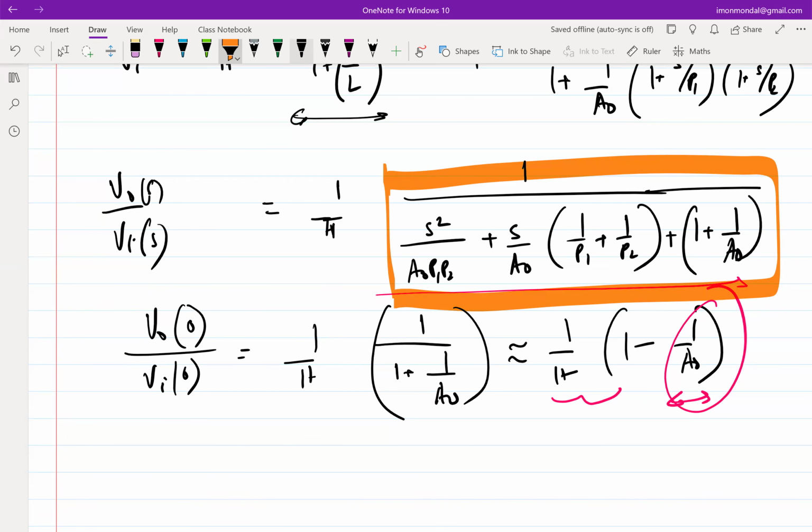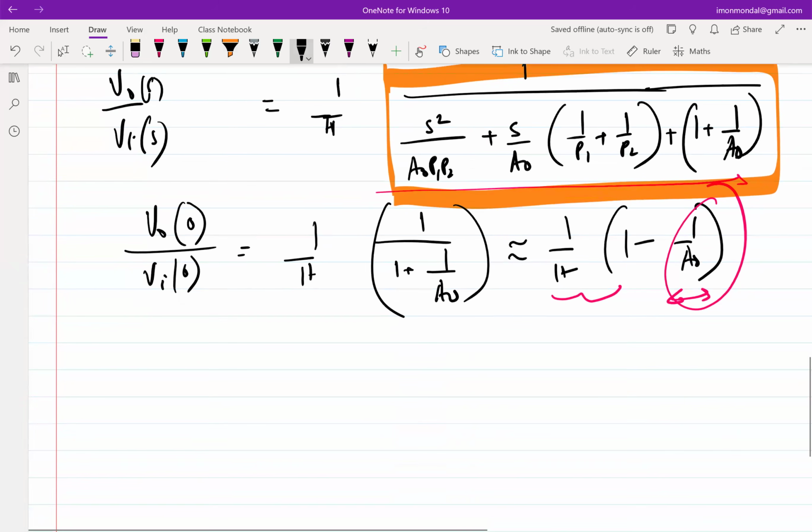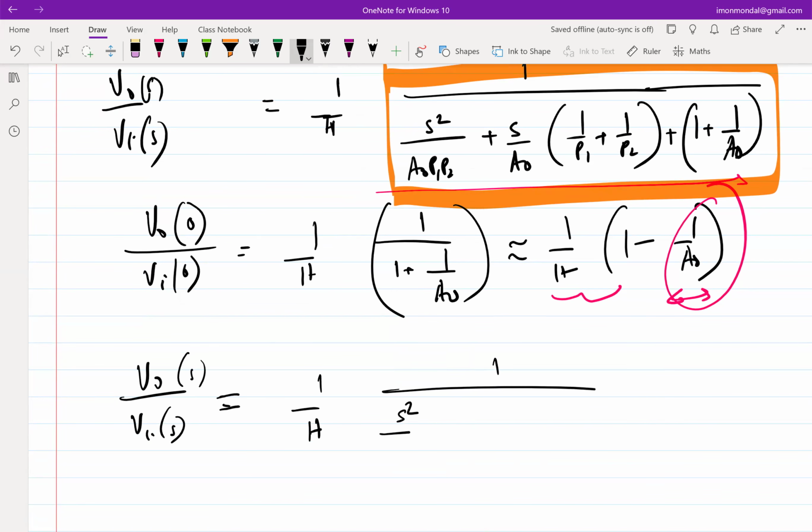Okay. So that's what we'll do. So let's say V naught by Vi. This is the closed loop again. So this is something that you have to keep track of, which is closed loop, which is open loop. This becomes 1 over H times 1 by S squared by A naught P1 P2.